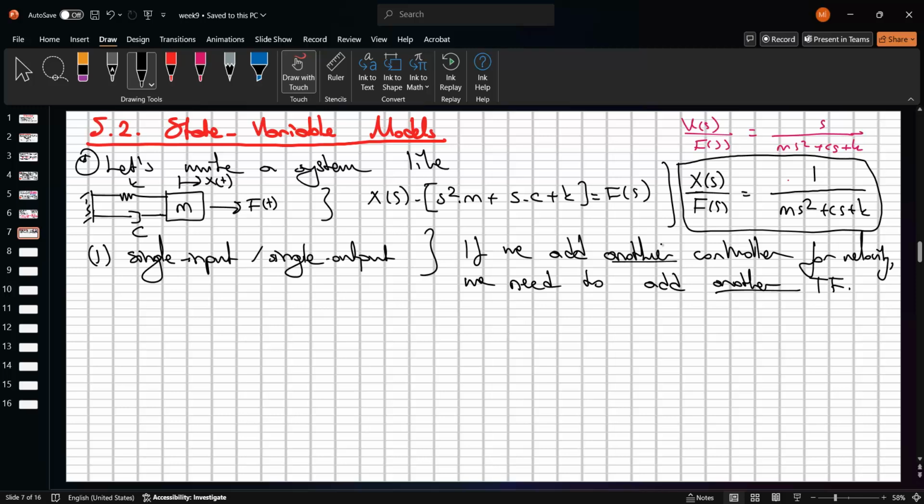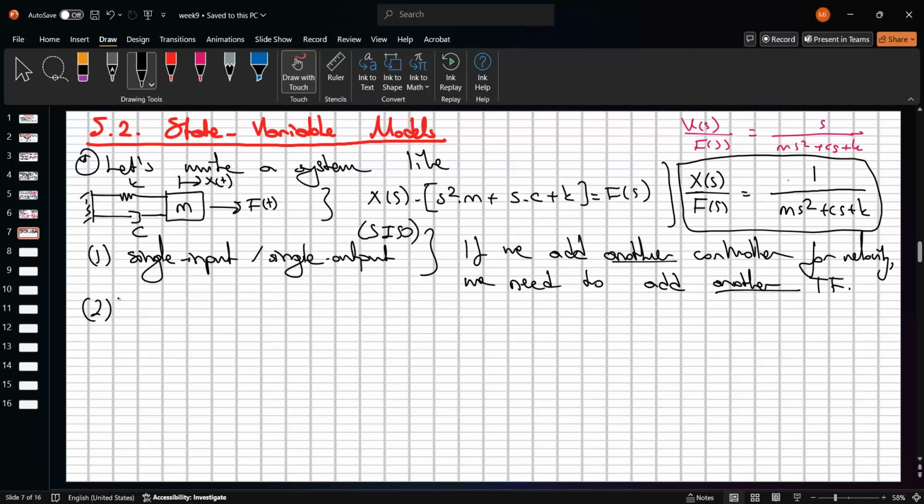Otherwise, we cannot control this, because we don't have the transfer function of the velocity. At least we need to build two transfer functions to reach the position value and the velocity value. This is the first case. This is the SISO system. Okay?